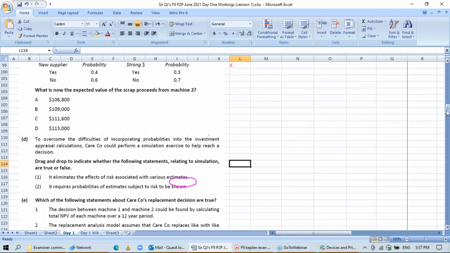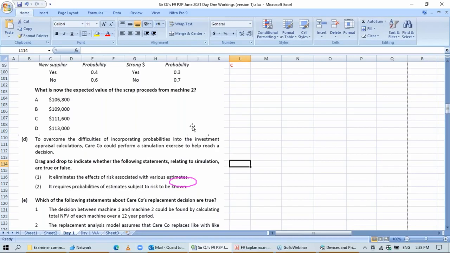To overcome the difficulties of probabilities in the investment appraisal question calculations, CAD company could perform a simulation exercise to help reach a decision. As I explained, simulation technique can calculate the effect of many changes, like on NPV, on profits, on other areas.